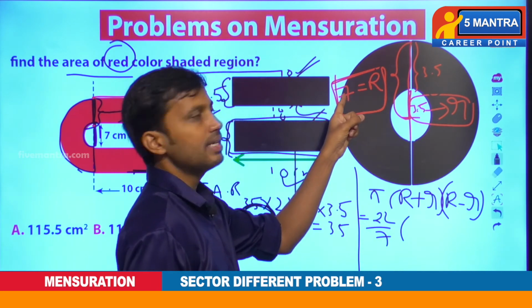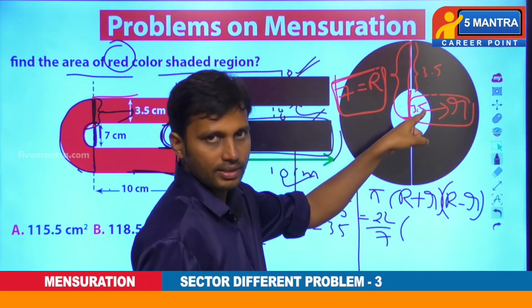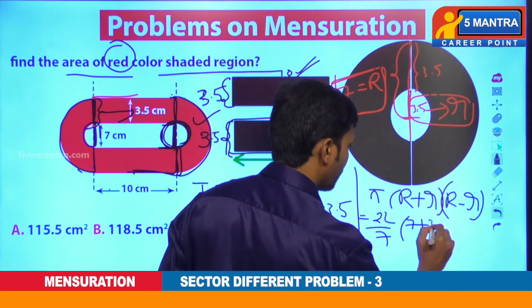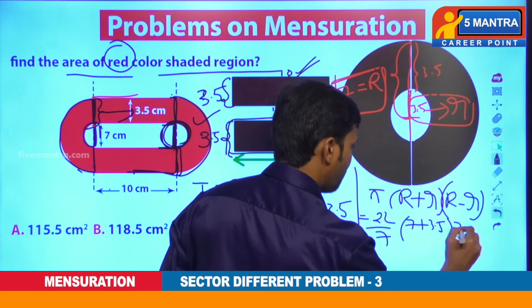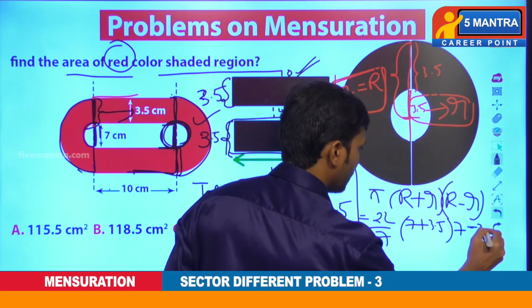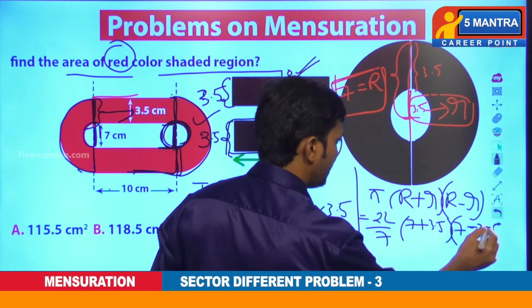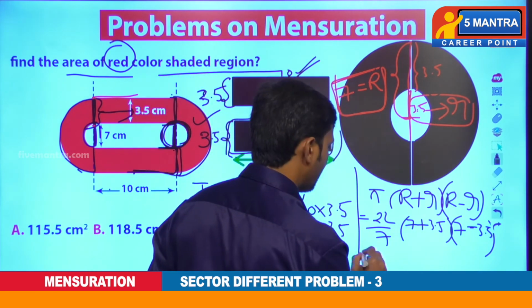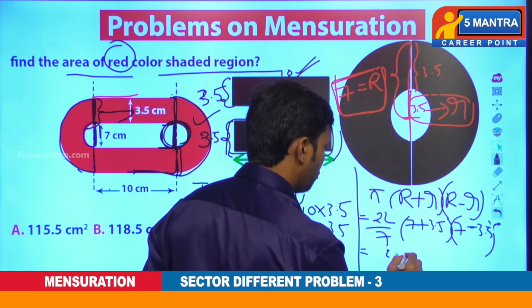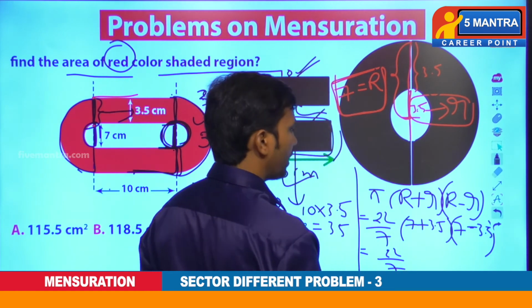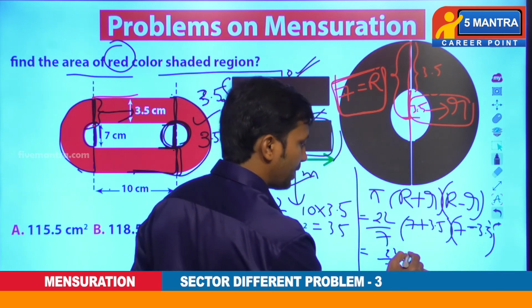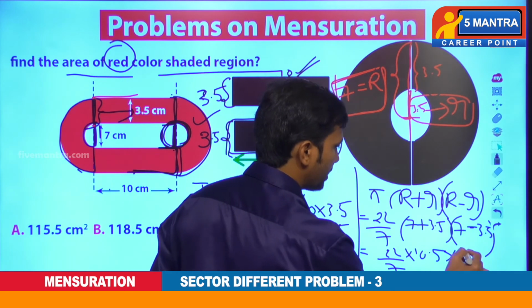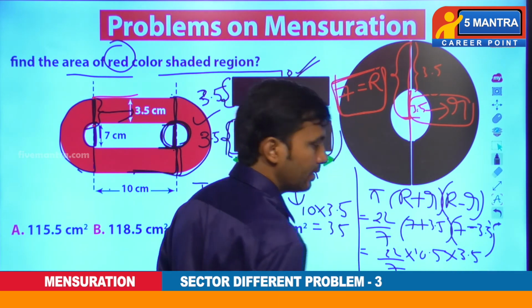Capital R is how much, guys? 7 plus small r, 3.5, into 7 minus 3.5. So 22 by 7 into 10.5 into 3.5.